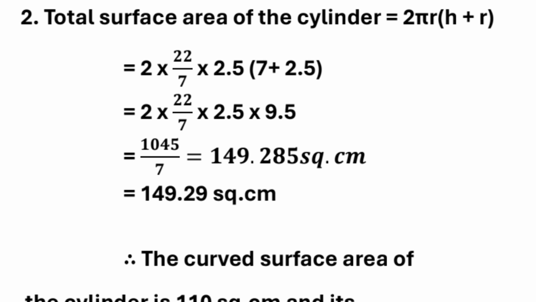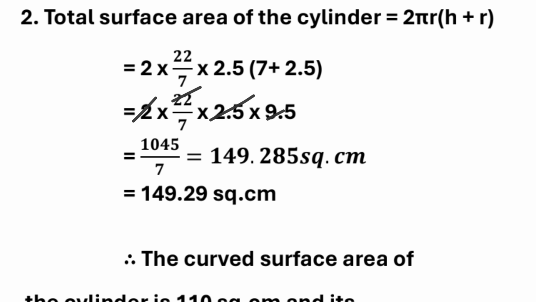Now here 7 is in the denominator, but in the numerator, 2, 22, 2.5 are not divisible. So we write here 2 into 22 into 2.5 into the addition of these two, 9.5.